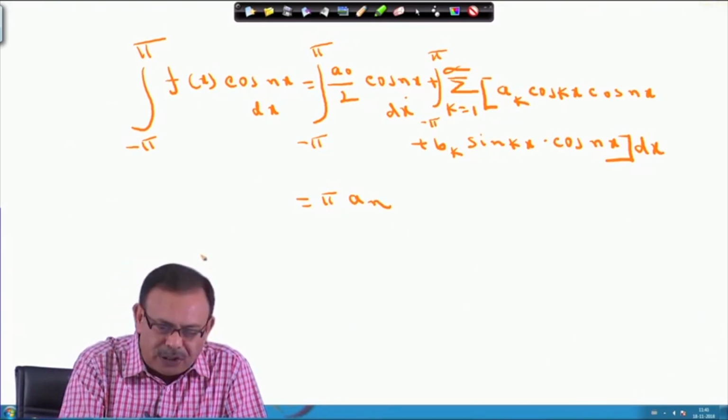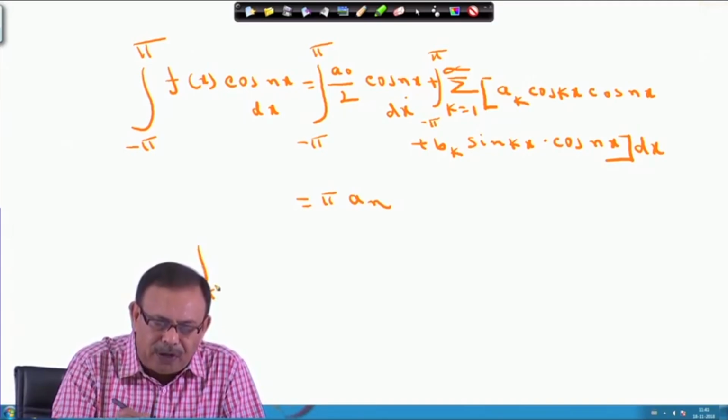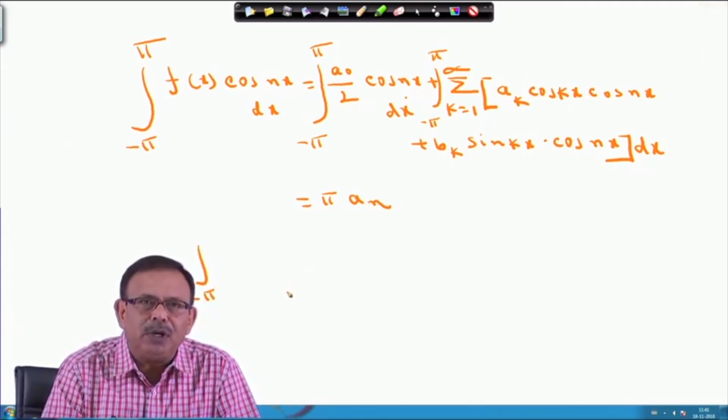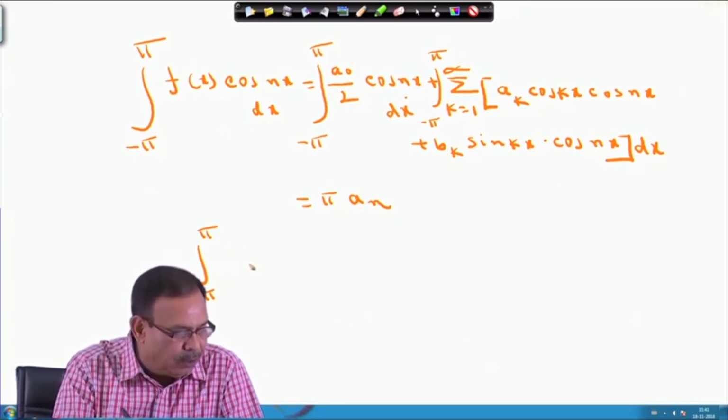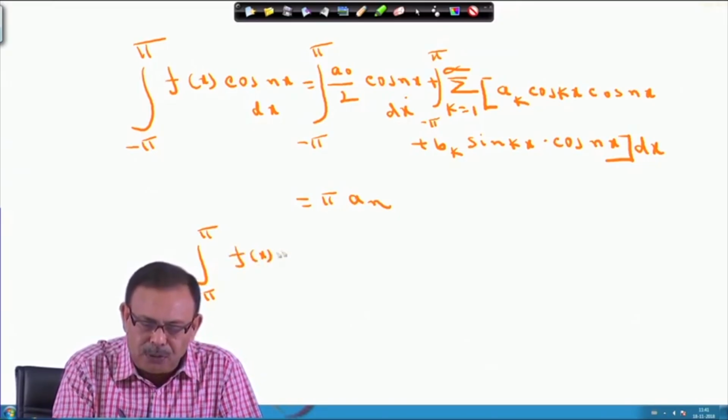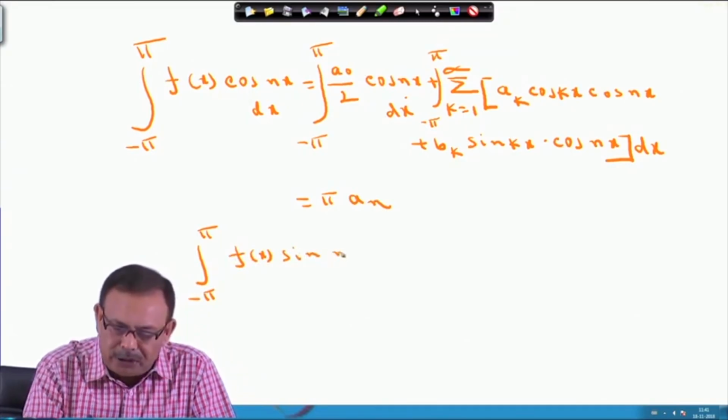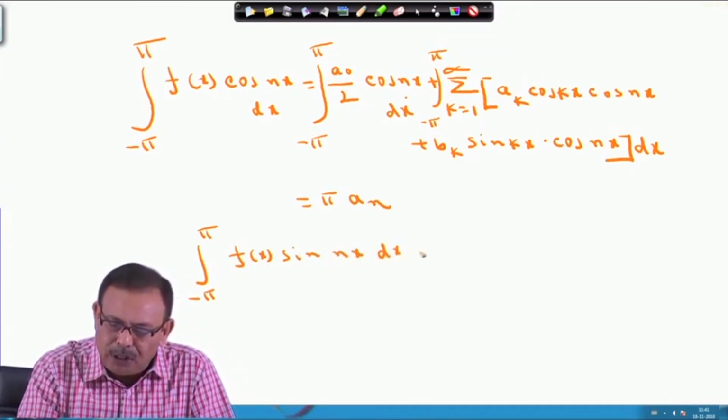And in the same fashion, I can show that if I multiply the given equation by sin n x and then integrate both sides from minus pi to pi, I obtain the integral from minus pi to pi of f x into sin n x dx equals pi into b n.